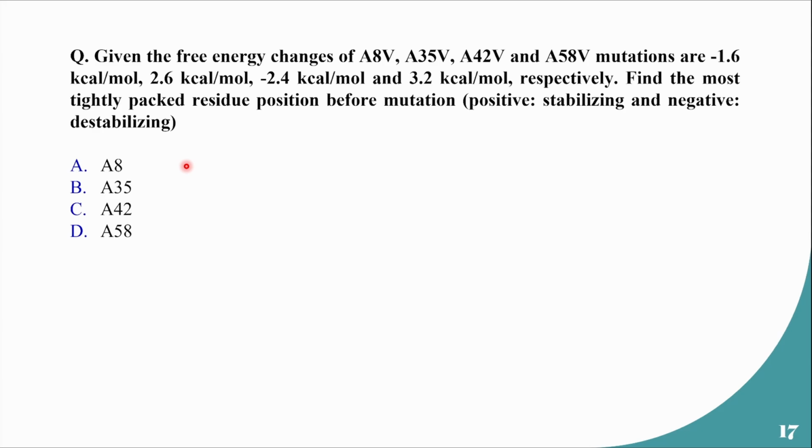So in that sense, what could be the answer? I think I see answer D in the chat. Others maybe can also try to answer this one. Since it was already highly tightly packed, of course the alanine to valine mutation will create steric hindrance. That means it will destabilize that position, right? And then we can correlate that with the free energy values, which would give us the answer.